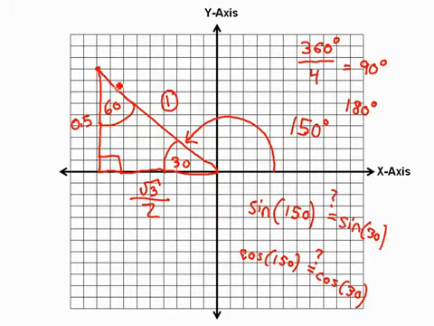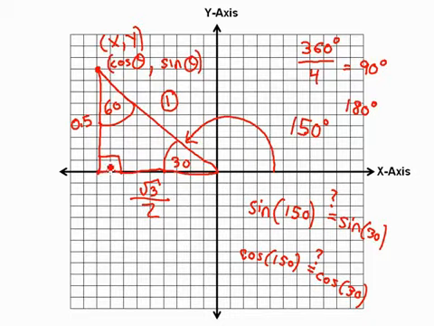What's important to realize is that a point in a quadrant has an x value and a y value. The x value corresponds to the cosine of your angle, and the y value to the sine of your angle. So if you're in quadrant 2, like we're here, then you know you're going to be positive in y, but negative in x, right?